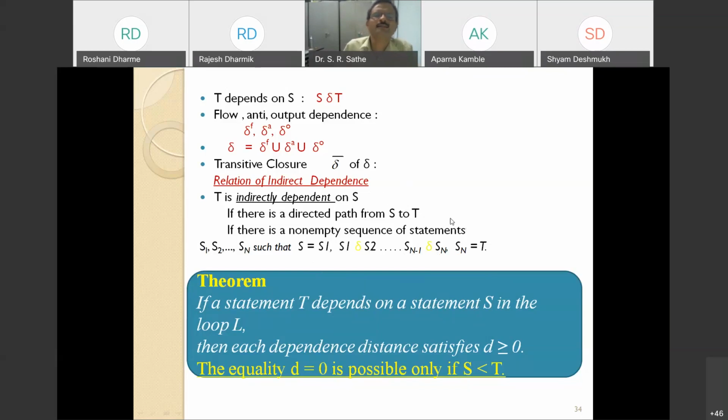So indirectly S3 is dependent on S1 by transitivity. You must know the transitive relation, right? If A less than B, B less than C, then A less than C, that is a transitive relation.